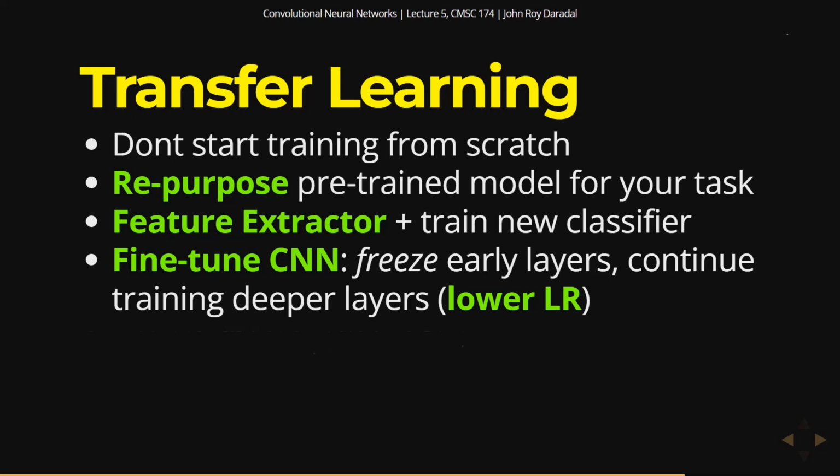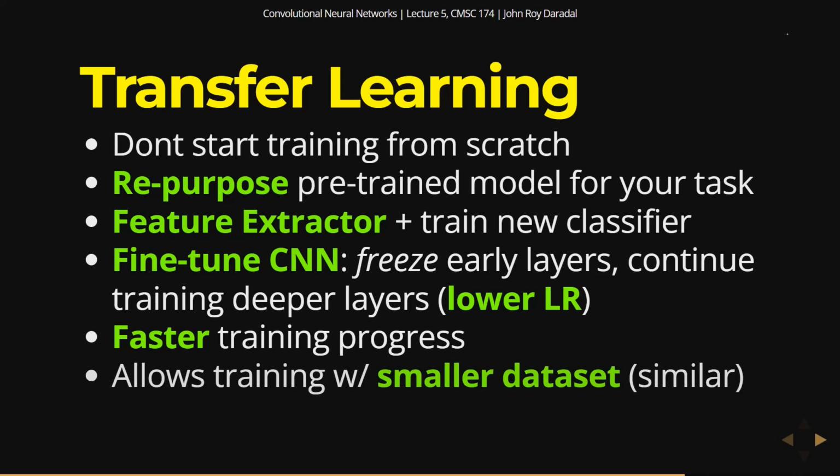So you can also do that. So this makes the training progress faster, because you're not starting from scratch, you're not starting from random weights, you're starting from some weights that are already proven to be good in another task, and it turns out that you can also use them as a starting point for your own task. Okay, and it also allows training with a smaller dataset, assuming of course that they are kind of similar to your own task.